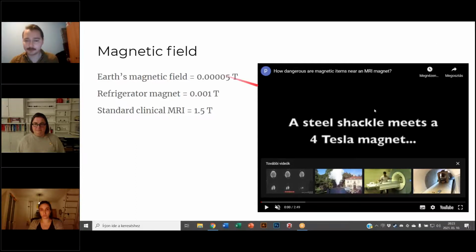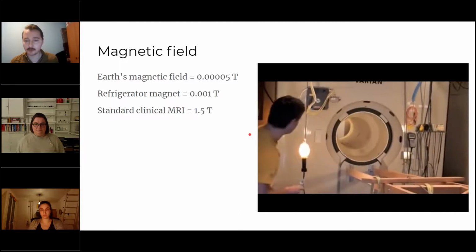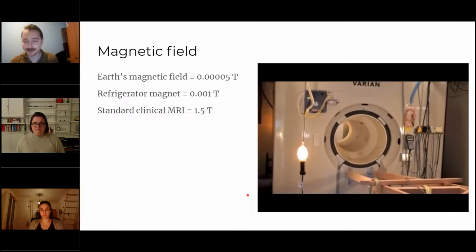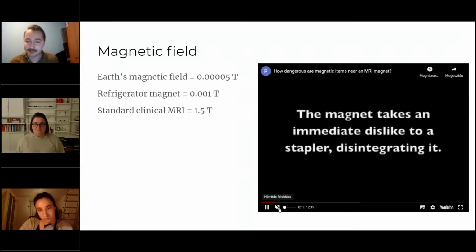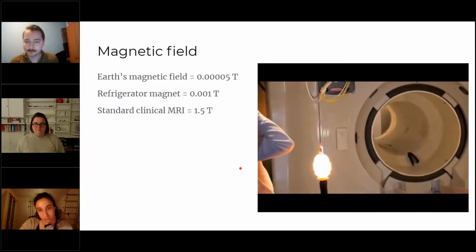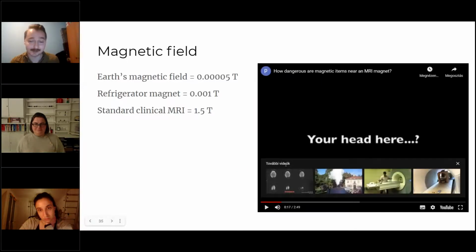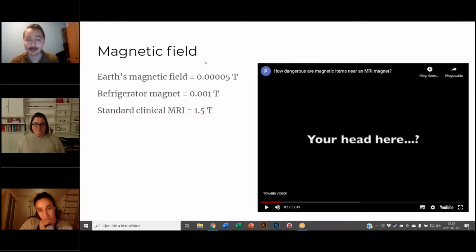Because if they did, things like this would happen. So here a steel shackle is thrown into a 4 Tesla magnetic scanner, and it gets stuck. Now here a stapler gets thrown into it, which gets immediately disintegrated. And obviously you don't want to be near that when that happens.